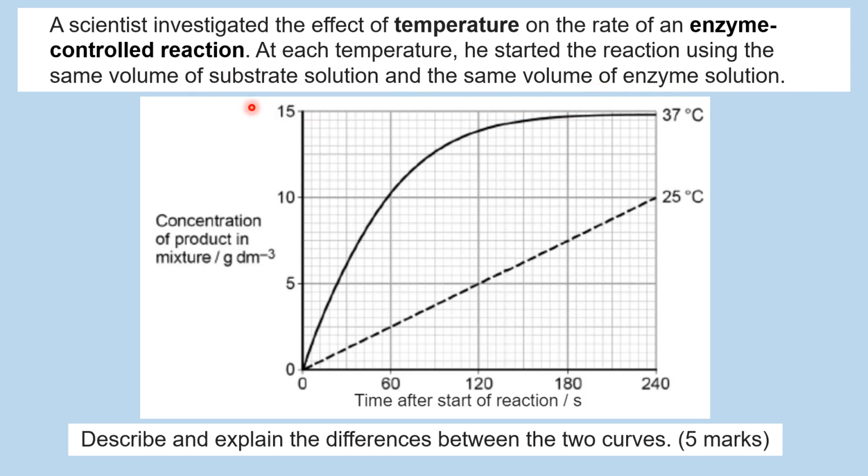So in both of these reactions, 37 and 25, they both have the same volume of substrate and the same volume of enzyme, making it a fair test. Describe and explain the differences between the two curves. 5-mark question. So pause the video and write your answer.